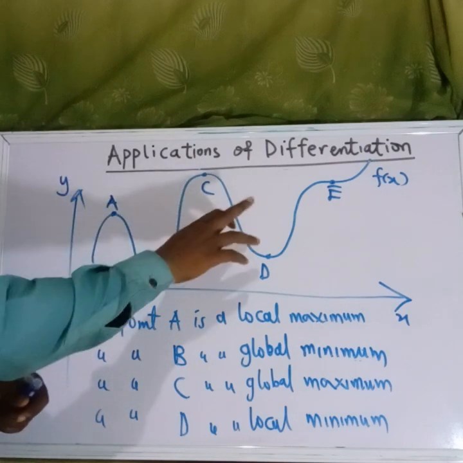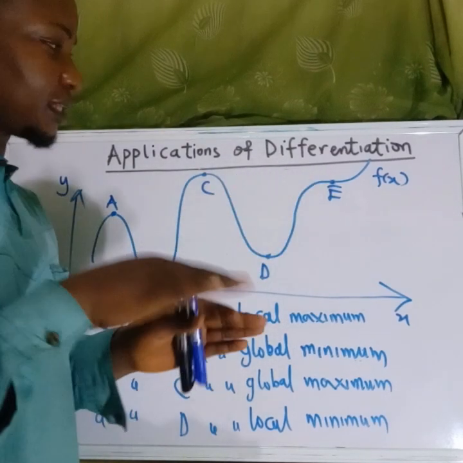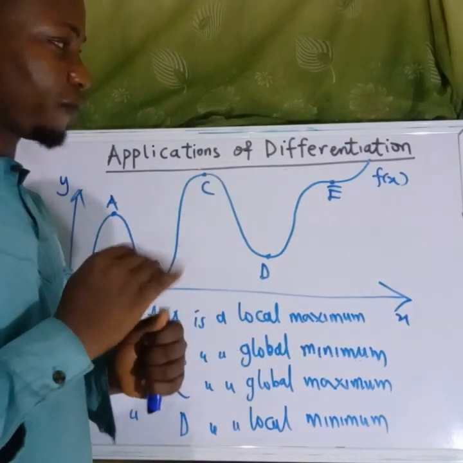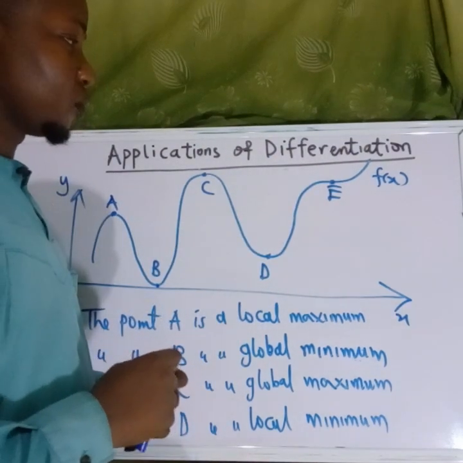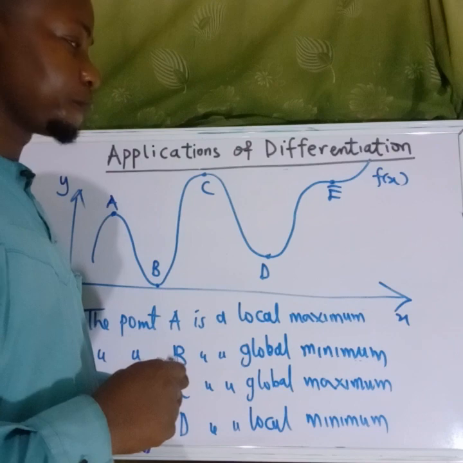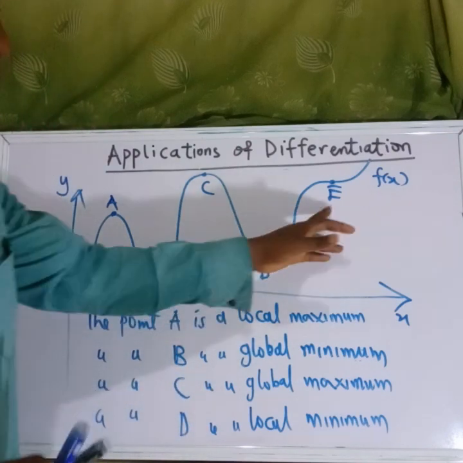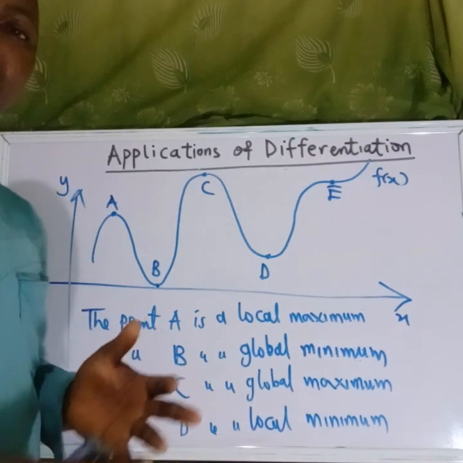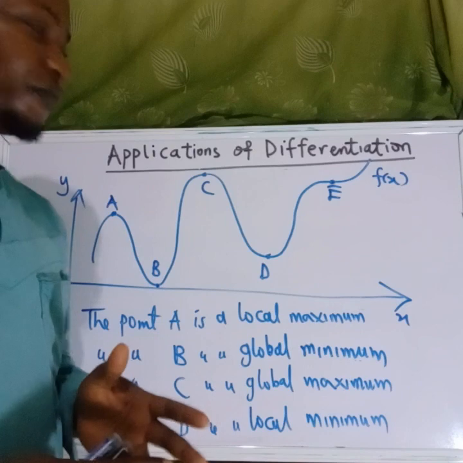But for this one, immediately after the point, it maintains a certain horizontal fall, and after that it goes up. So this point E is neither a maximum value nor a minimum value.